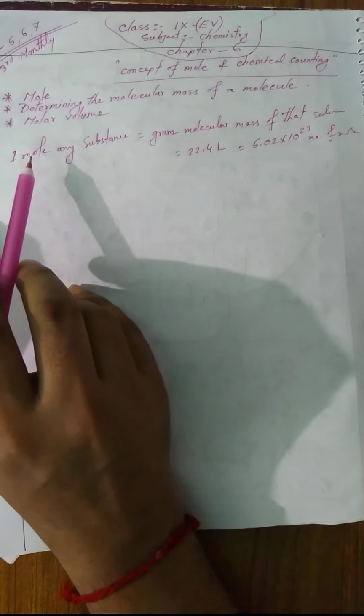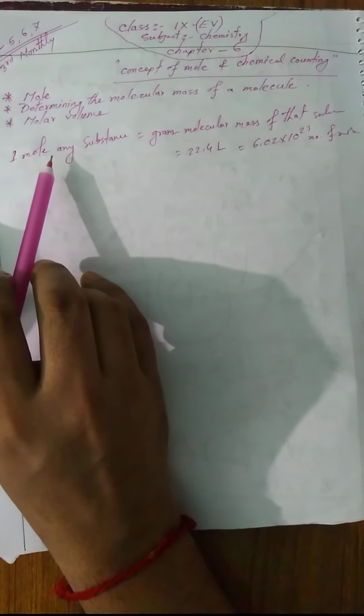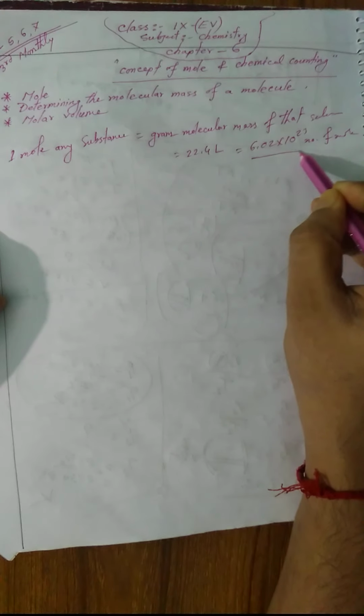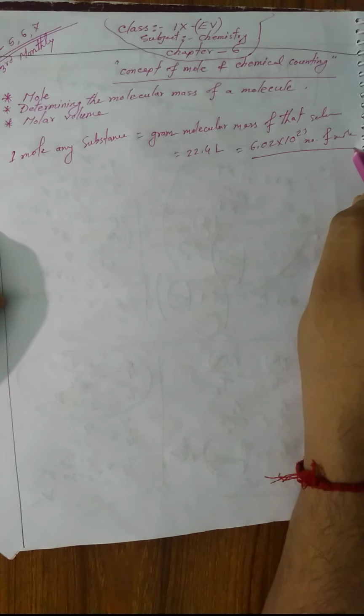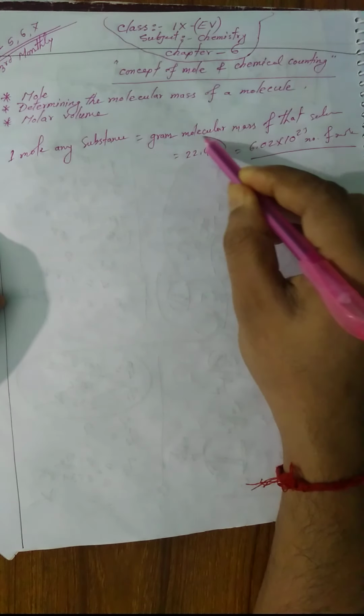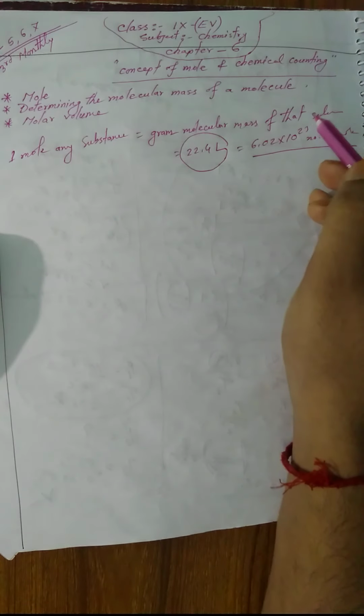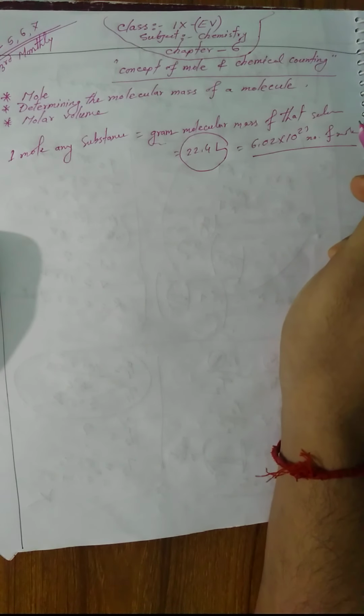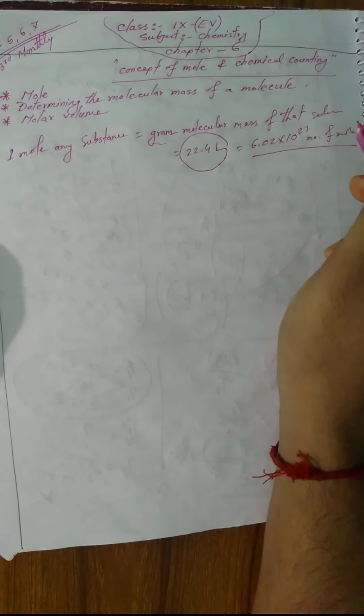So what is mole? The amount of a chemical substance that has Avogadro number of molecules, whose volume is 22.4 liter, and whose weight is equal to the gram molecular mass of that substance. This amount is known as mole.